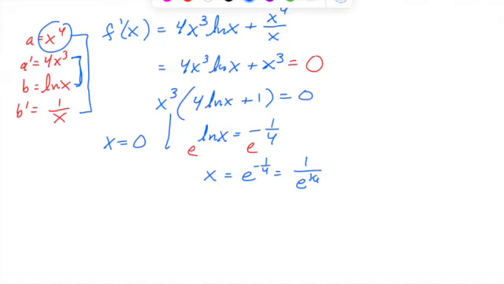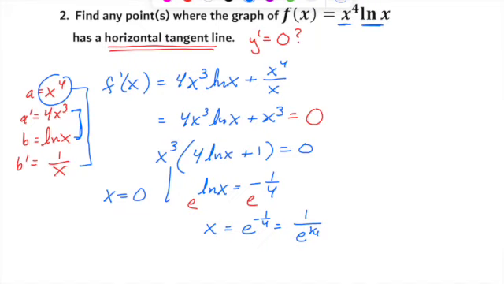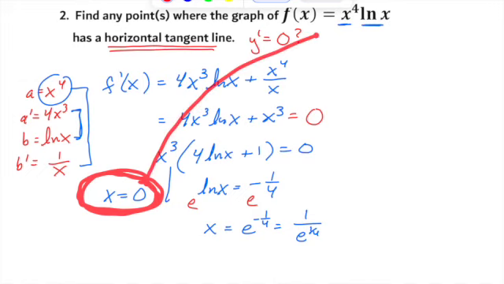So we got two x values here that are solutions to this equation, but if you're thinking ahead, we want any points, and that generally means we want the coordinates, the ordered pairs, so you're going to need the y coordinates. And if you were to plug 0 in, you'd get 0 times ln of 0, and ln of 0 is undefined.